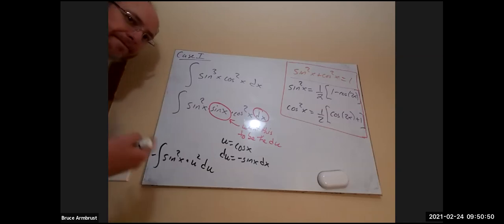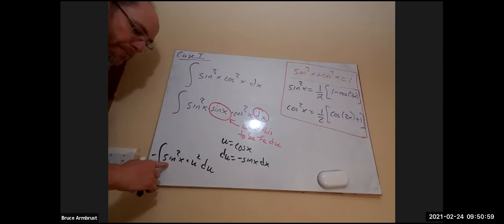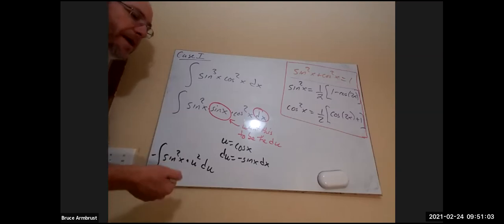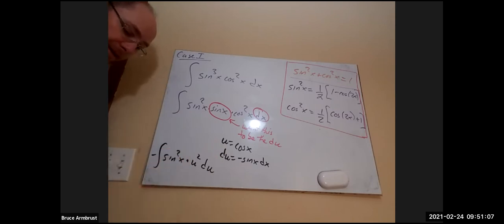All right, so up to this point, yeah, you've seen this trick before. But now we need to replace the sine squared of x. And this is where our identities come in handy.